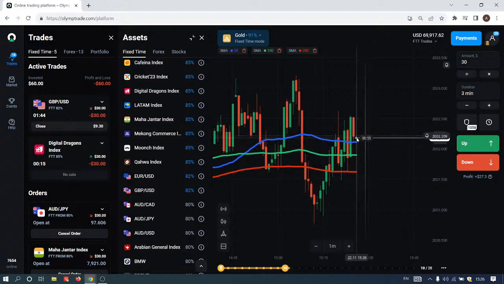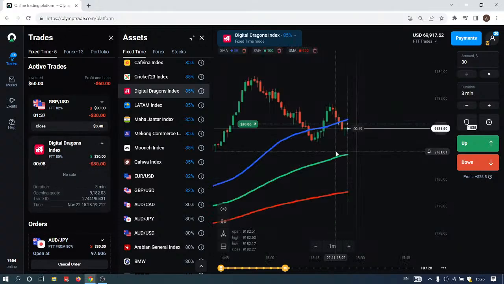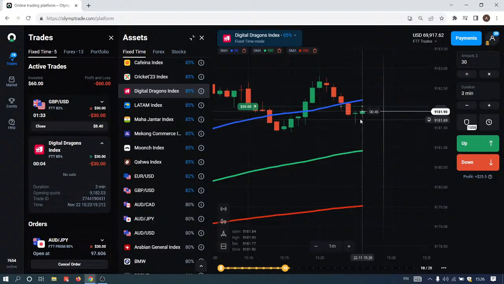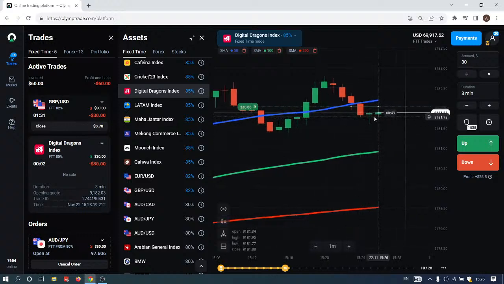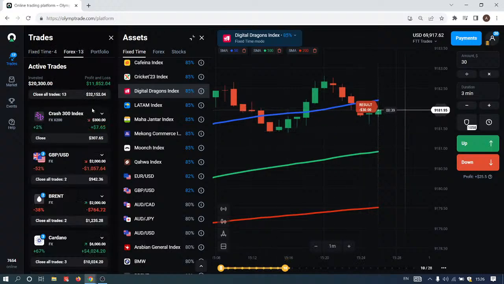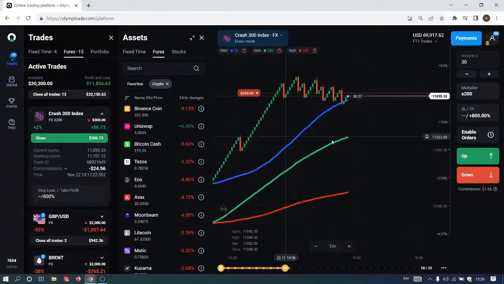As you can see, the levels on this asset don't hold. So in this case, you just want to skip that asset for the time being, and concentrate on some other ones.